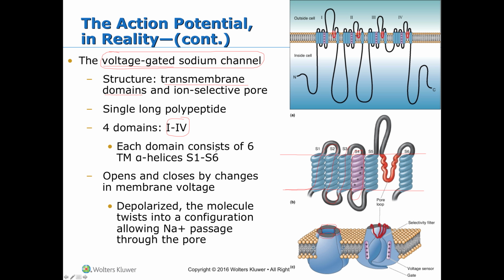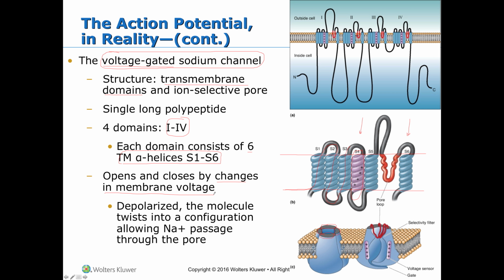Each domain consists of 6 transmembrane alpha helices, S1 through S6. So here is one domain, and then you have S1, S2, S3, S4, S5, and S6. For this class, S4 and S6 are going to be very important to understand. Now, voltage-gated sodium channels open and close due to changes in membrane voltage.